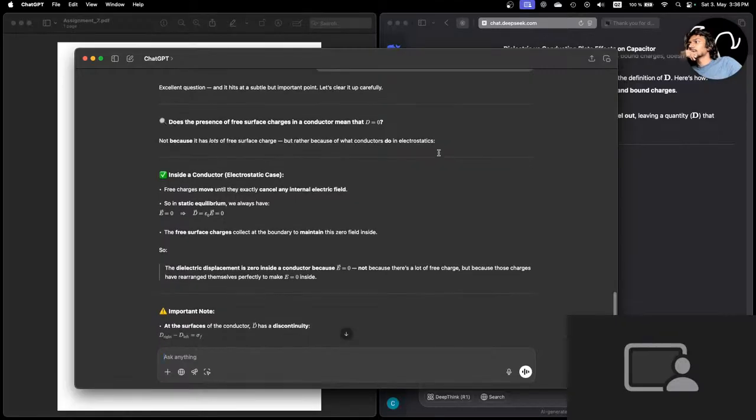Inside a conductor, electrostatic case. I don't understand what electrostatic case is. Free charges move until they exactly cancel out any internal electric field. Okay.